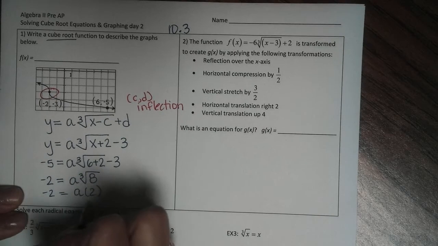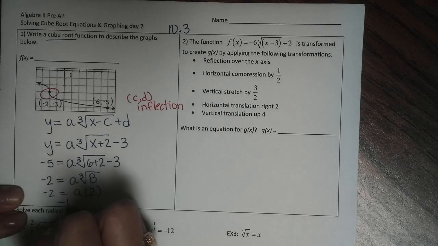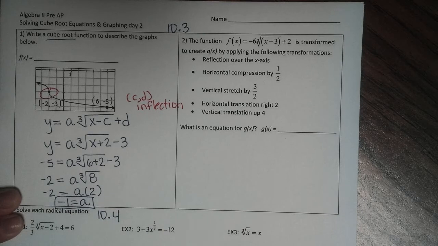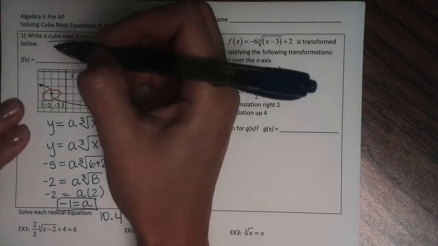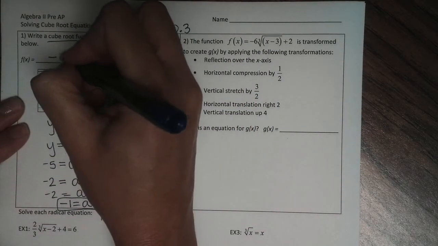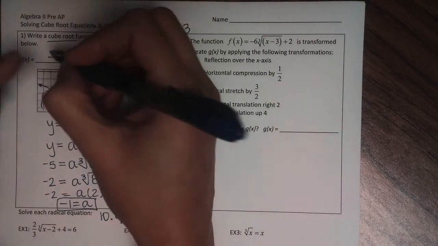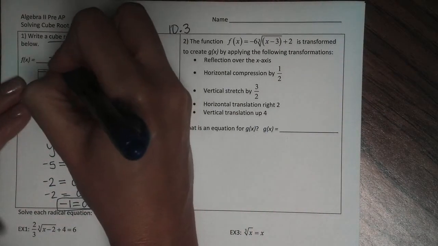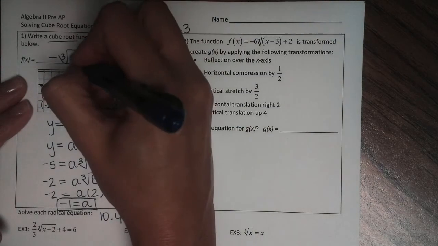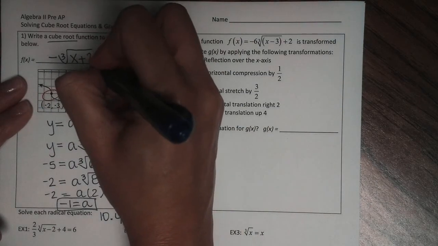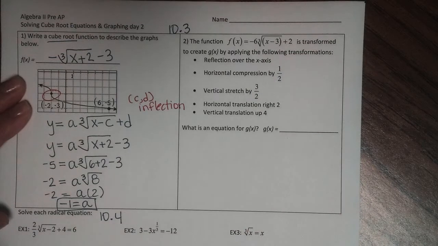So it looks like a is -1. That's what I would put for my final answer. You can put -1, or you can just put the negative symbol by itself: negative cube root of x plus 2, minus 3.